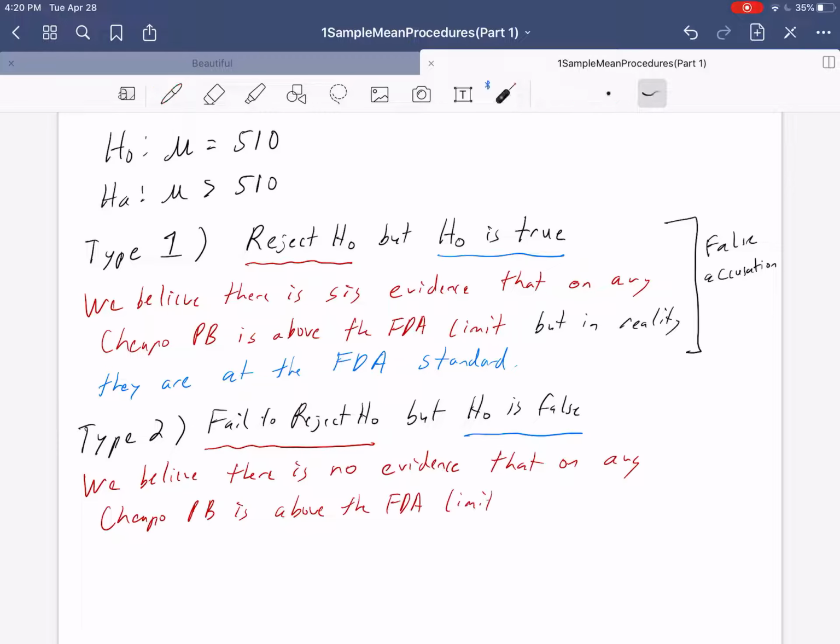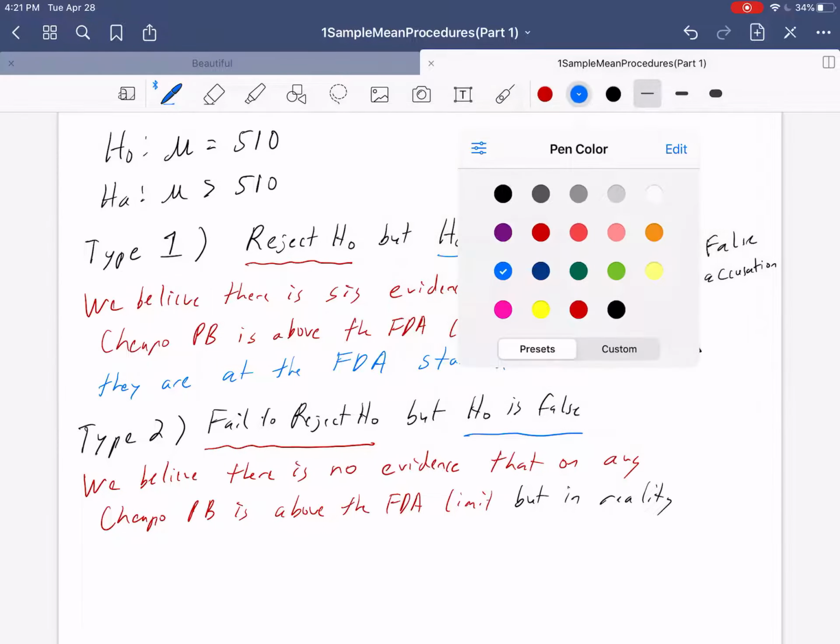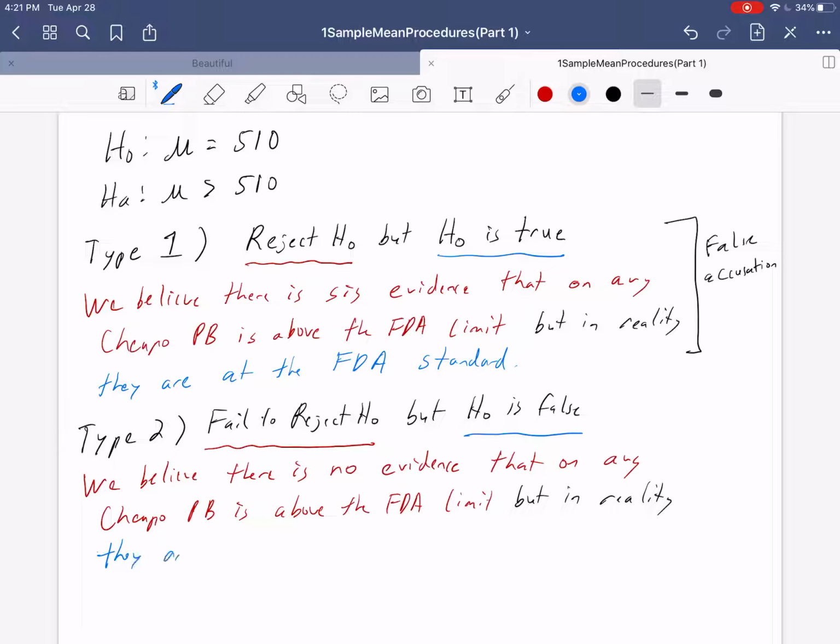So notice that failing to reject goes hand in hand with no evidence. But in reality, okay, that's just a little bridge statement. Well, H0 is false. So H0 is false, and they actually are above the limit. So, but in reality, they are above the limit.